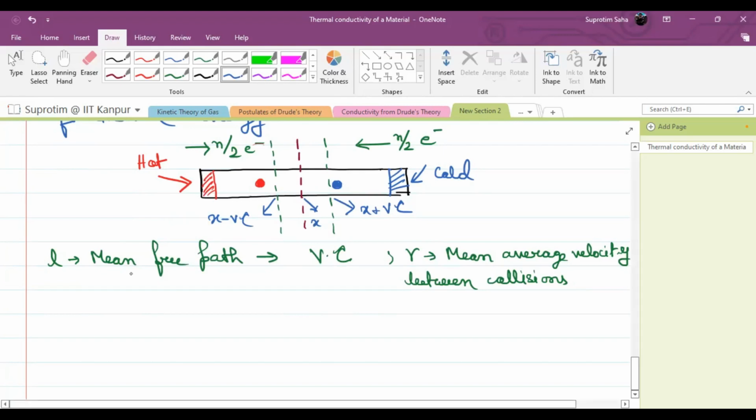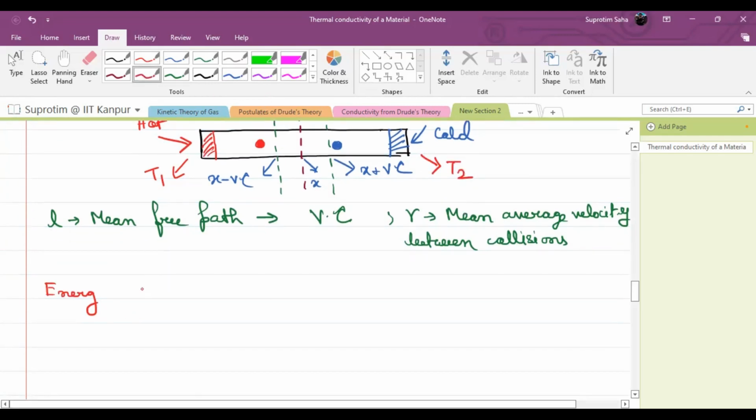So the energy of the electrons will be a function of temperature. This is your T1 and this is your T2.